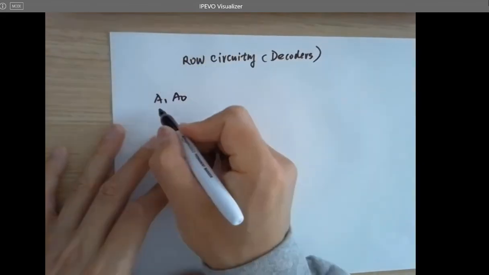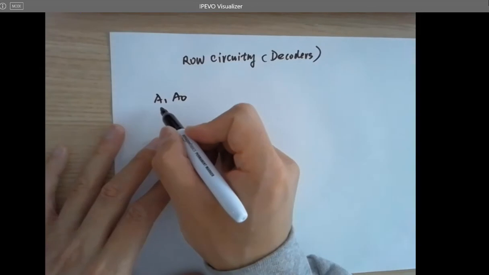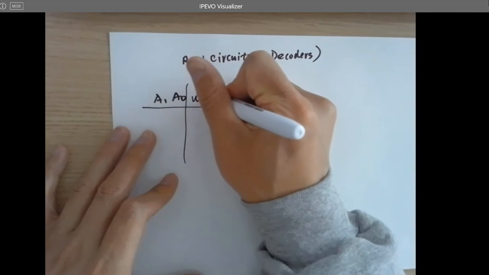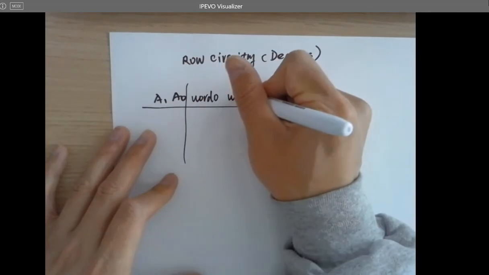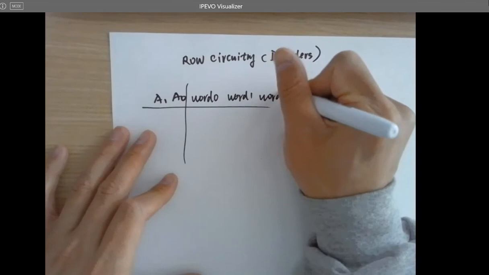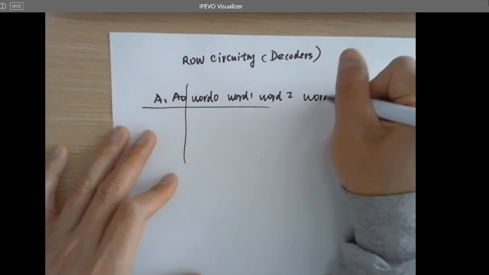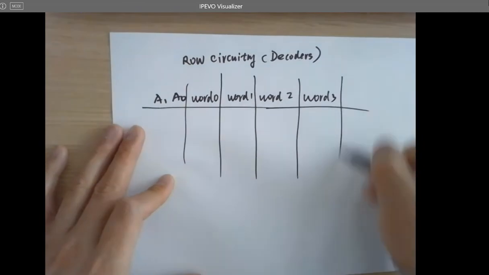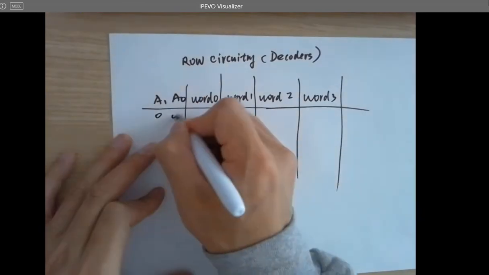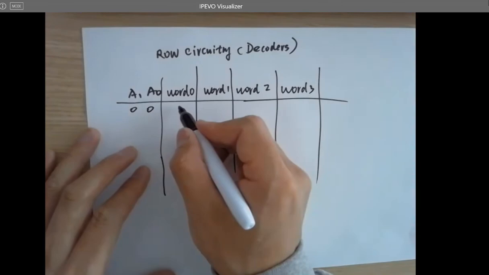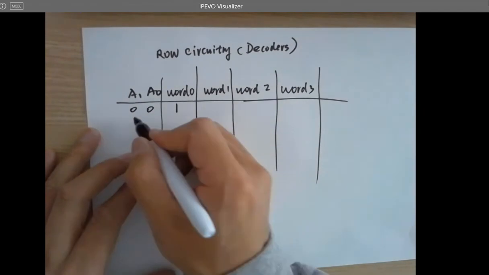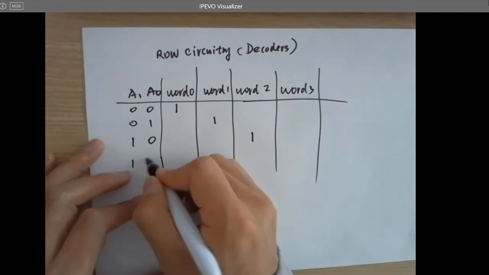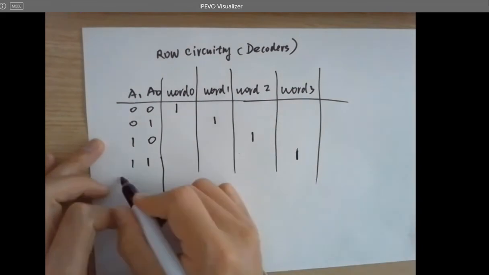For example, I'm just trying to do a 2 to 4 decoder. These are the word lines. And I just want to fire one word line at each time. So for example, this code is going to fire this one, and this one is going to fire this one. It's going to fire this one. It's going to fire this one. So for all the rest of them are zeros.